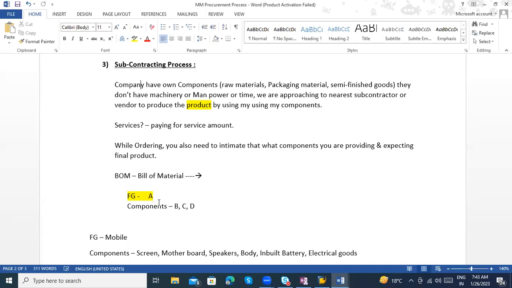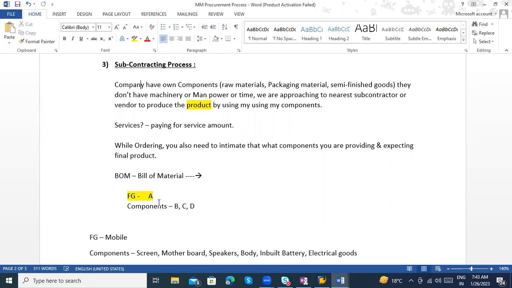So here the concept is that I am providing the components, instead of him using his own components to produce the finished goods, because I might have my own quality of raw materials and everything.